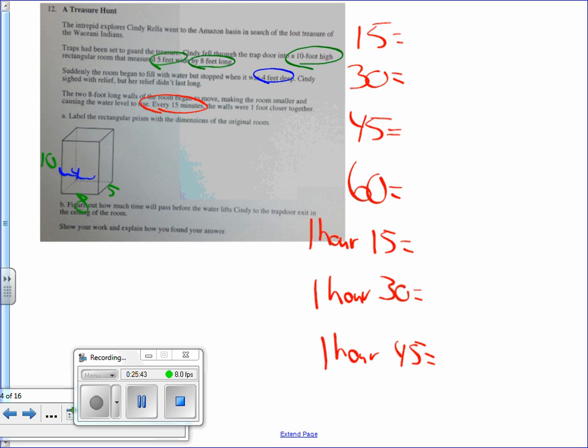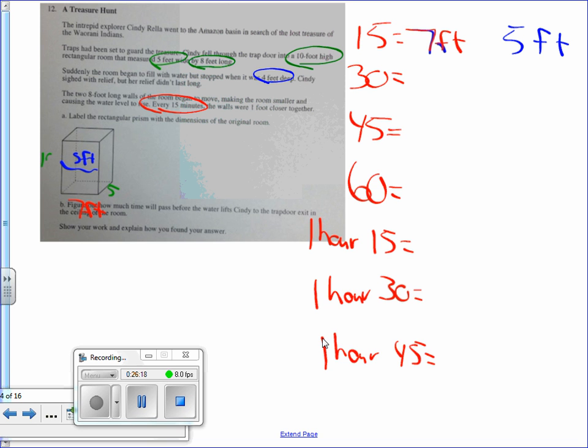All right. I'm taking a look at this shape here. In 15 minutes, this wall is going to go to 7 feet, which means the water is going to go up to 5 feet. So we're at 7 feet for the wall, 5 feet for the water.